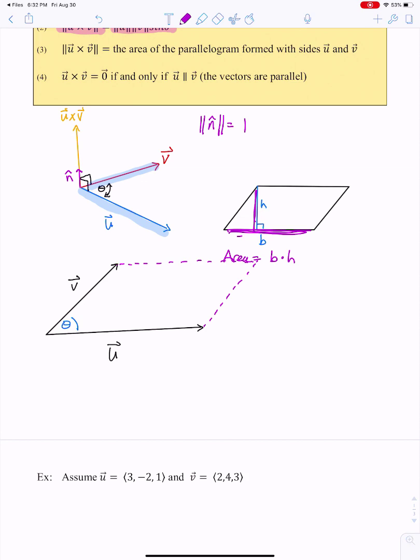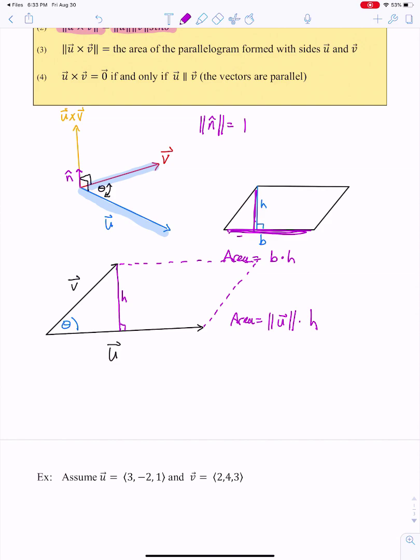Further, if I were to drop a perpendicular down like this, make that a right angle, and call this h, then I can see that the area of this parallelogram is equal to the length of u, which is the magnitude of u, times the height. Right?